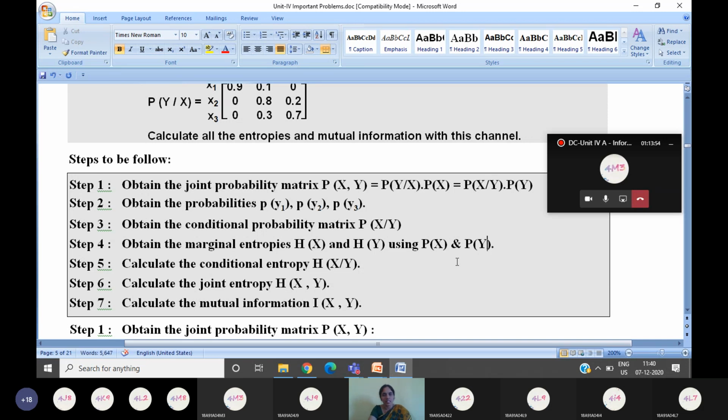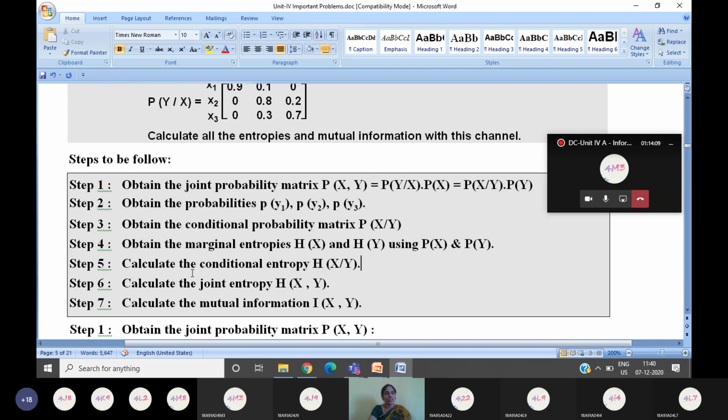Here p of x consists of 3 elements: p of x1, p of x2, p of x3. P of y consists of p of y1, p of y2 and p of y3. And here p of y is a 1 by 3 matrix.